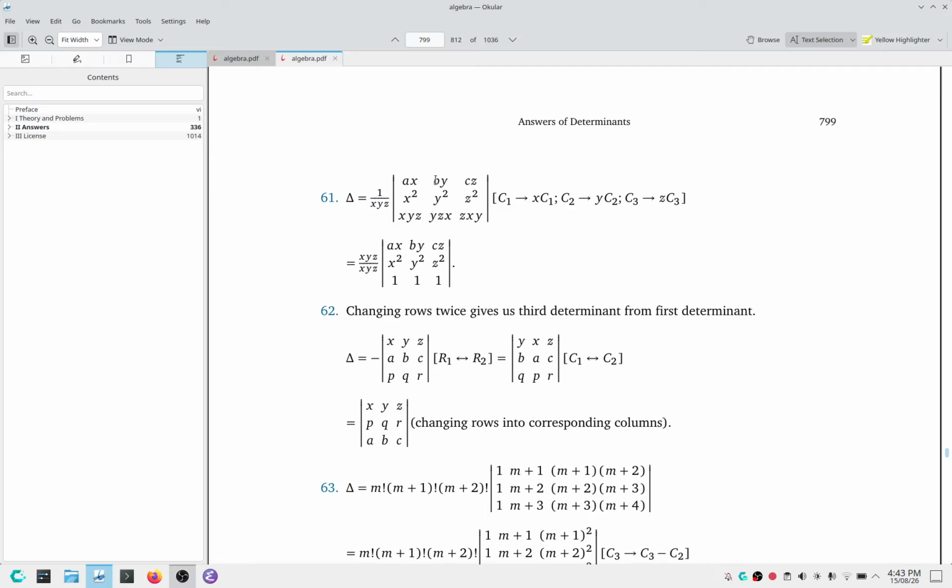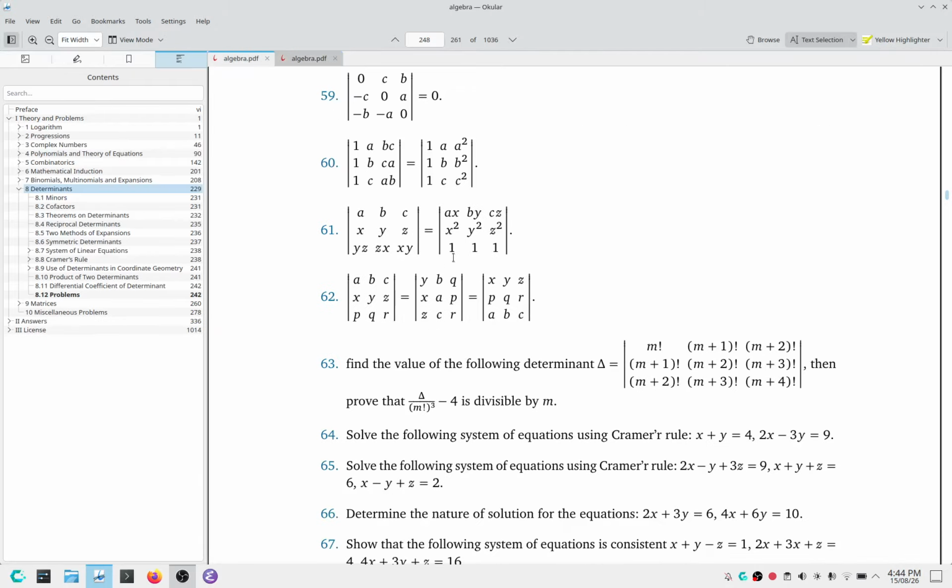So it becomes AX, BY, CZ, X square, Y square, Z square, XYZ, XYZ, XYZ. So we take XYZ common from this, and we get XYZ outside. So this will cancel out and become 1. And then we have AX, BY, CZ, X square, Y square, Z square, 1, 1, 1 in the determinant, which is the right hand side.